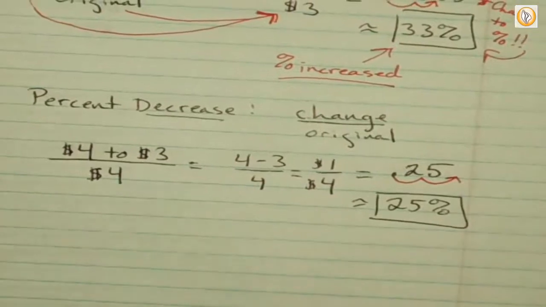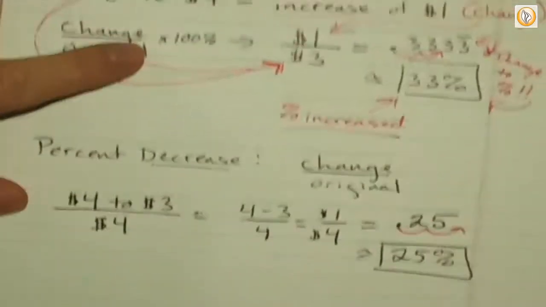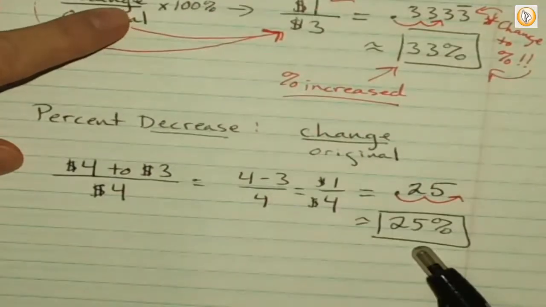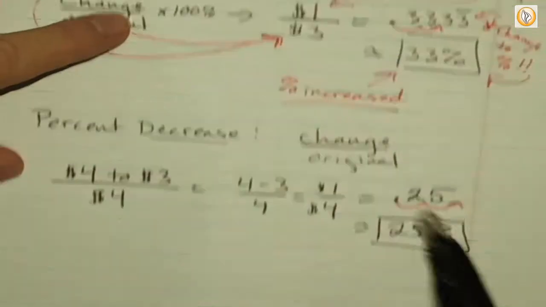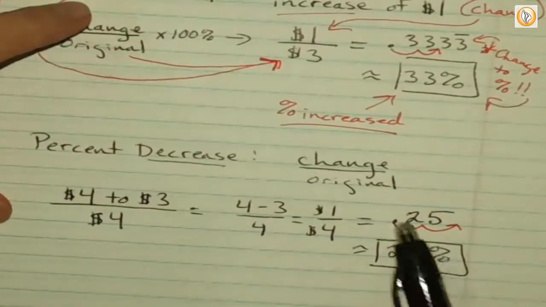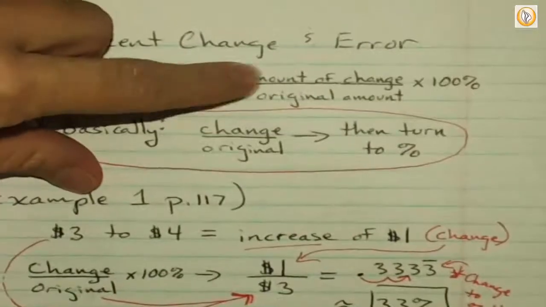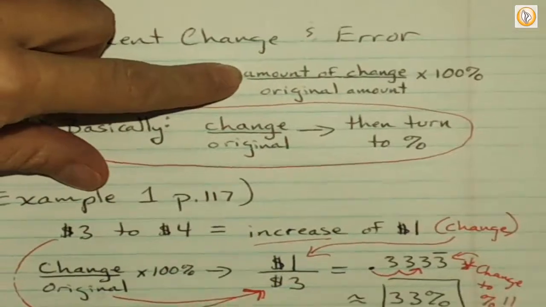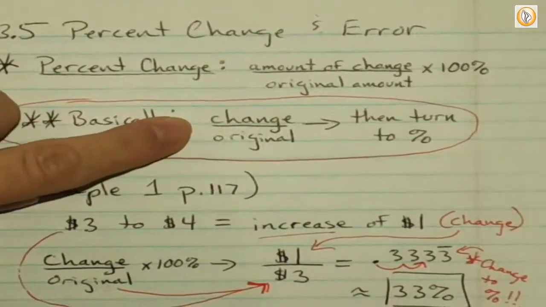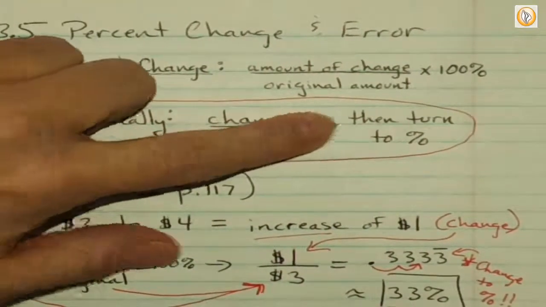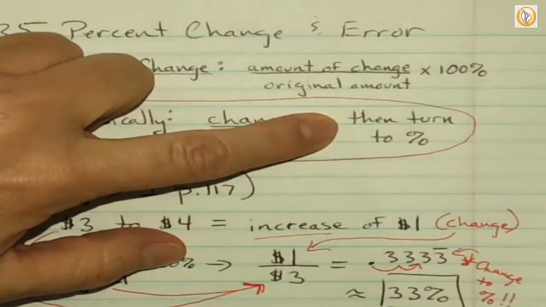Yes, Miranda? Why wouldn't we do this? You'd get the same as that. It's a lot easier just instead of multiplying by that to just move the decimal over. That's in the original formula, right? But I said basically just do change over original and then just turn it to a percent.